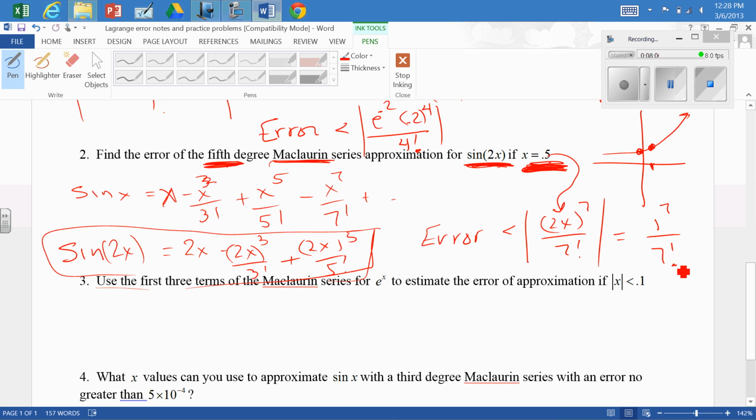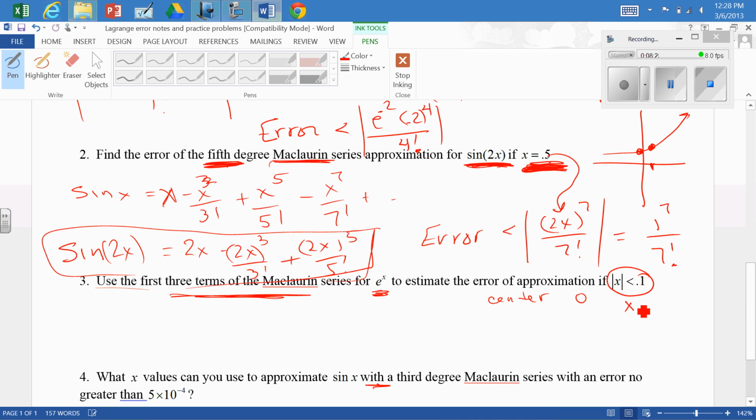Okay? Here we go, one more. We have e to the x. Again, we're going to use 3 terms of a Maclaurin series, which means my center is at 0. And we know that x is, we're going to use some value of x that's less than 0.1.